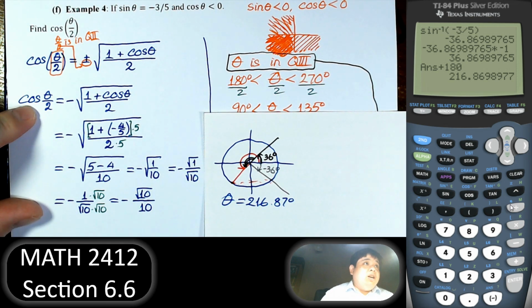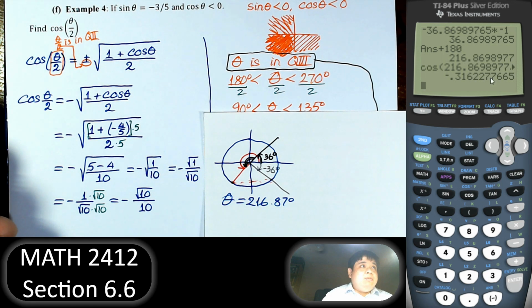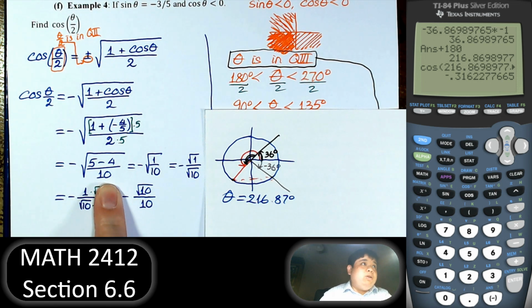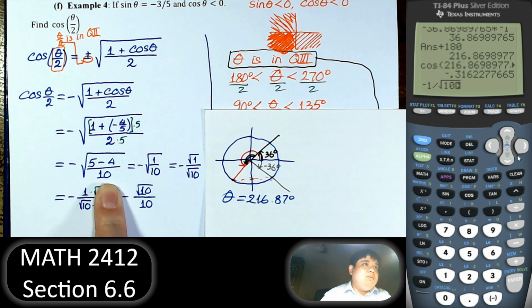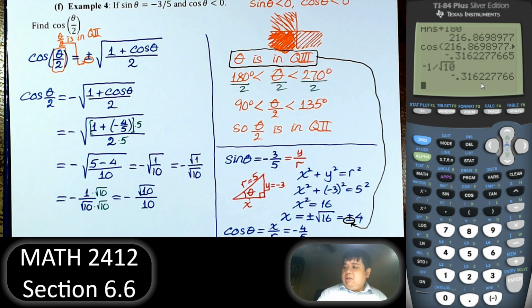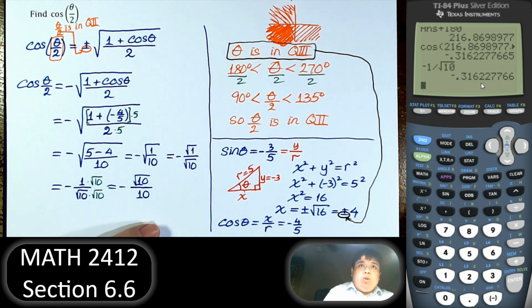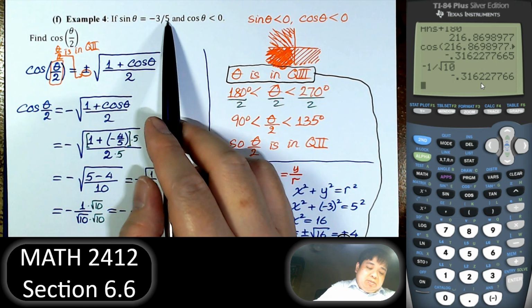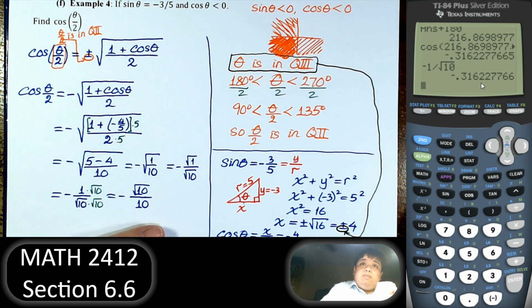Now we want cosine of half of theta, so cosine of that divided by 2. We end up with this one. Now, is that the same as negative 1 over square root of 10? Yeah, so that's good. Of course we don't need to check with the calculator, but I'll just do it to show that when we do the inverse, make sure that it's in the right quadrant.